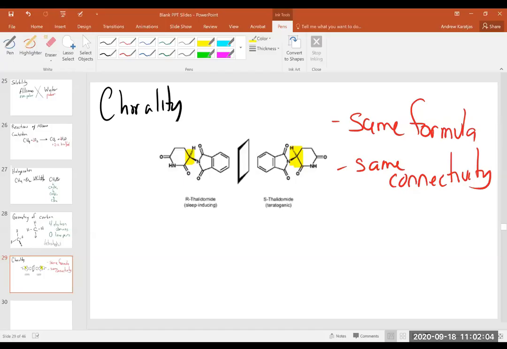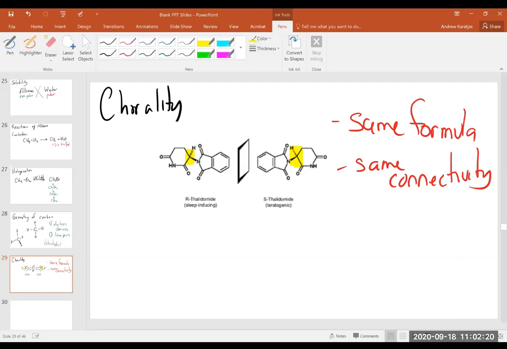So what that tells us is that these 2 molecules, which look very similar, it turns out are not the same. And that's the same thing happening here with thalidomide. So is there any way that you could get these 2 molecules to be the same?